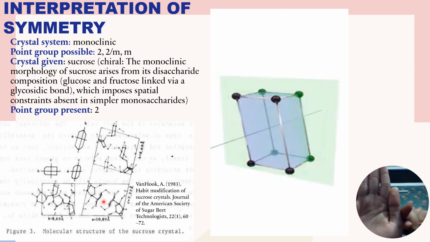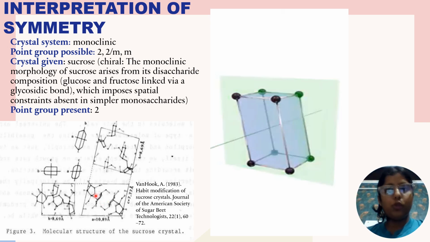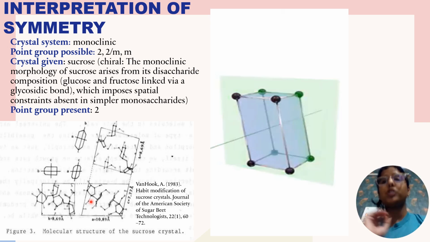If we rotate twofold around the center of this unit cell, by 180 degrees, this molecule comes here and this molecule comes here, which generates a new system exactly the same as the original system before the rotation. That is why our crystal system has the point group 2: first, it is a monoclinic crystal system, and second, it contains a chiral molecule.